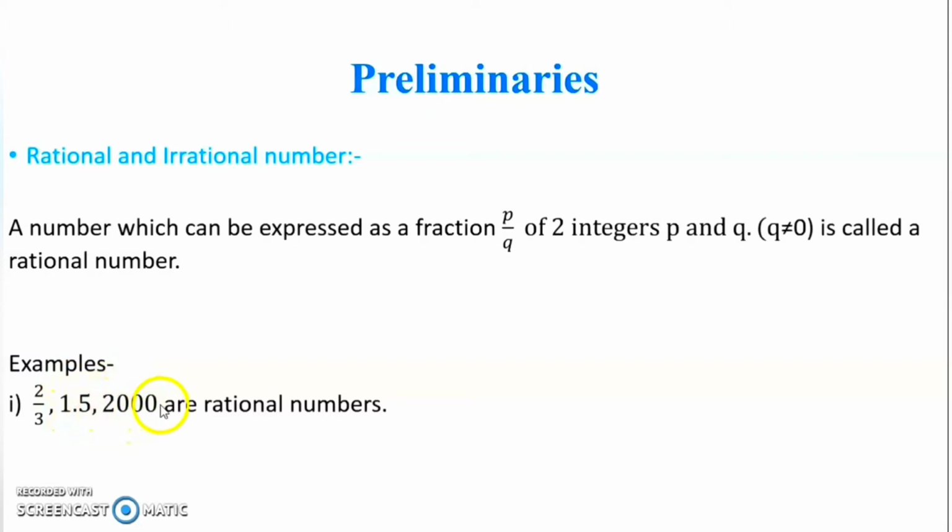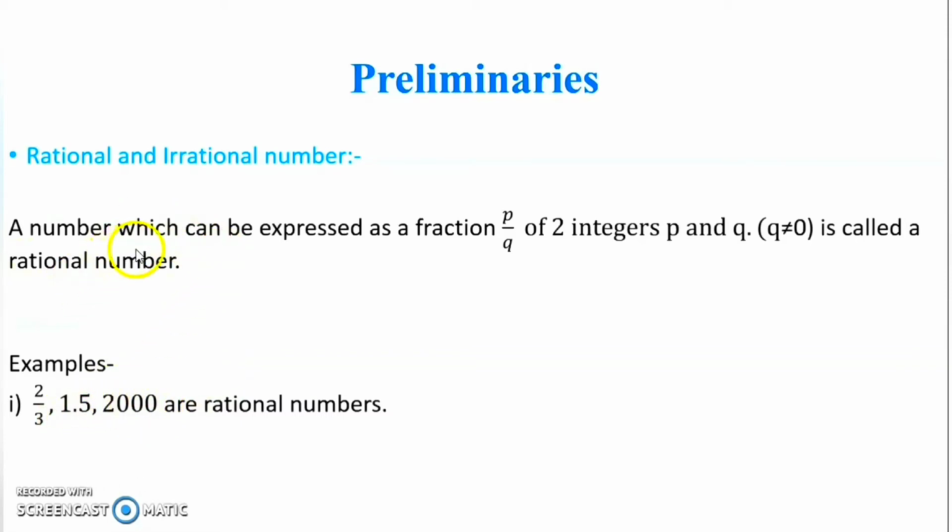Now what about this number 2000? This number 2000 can also be written as 2000 upon 1. Again this comes in the form of a fraction of two integers, so this is also a rational number. There are many examples. I have given only 3 here.